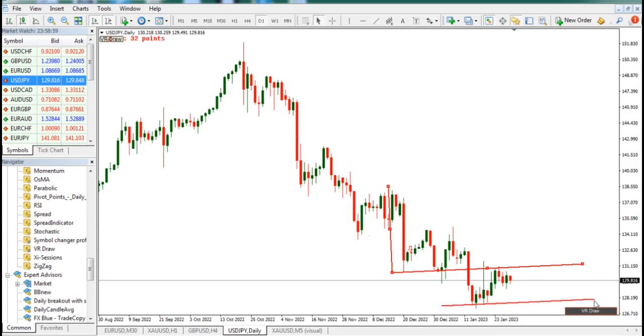So why is this one a little bit longer? Because, guys, it's a daily candle time frame. If the market were to come down, it will be like this, or maximum like this. After somewhere around this point, these lines will not be valid anymore.